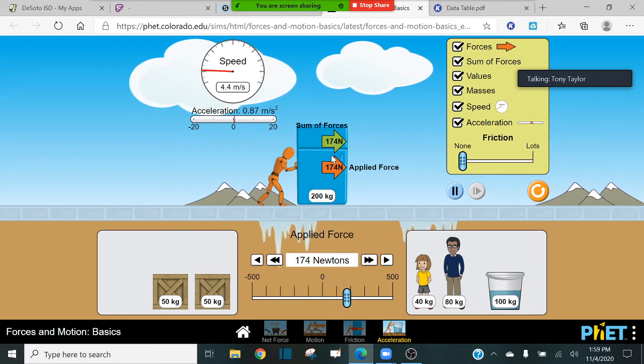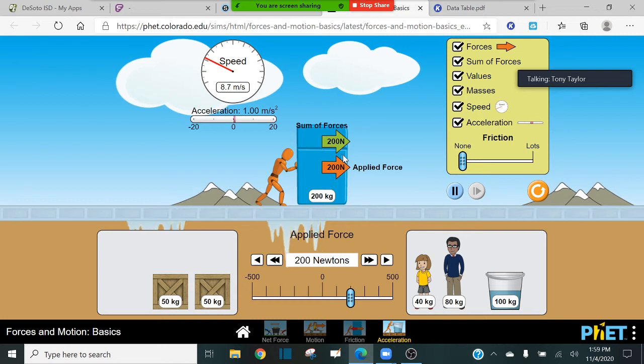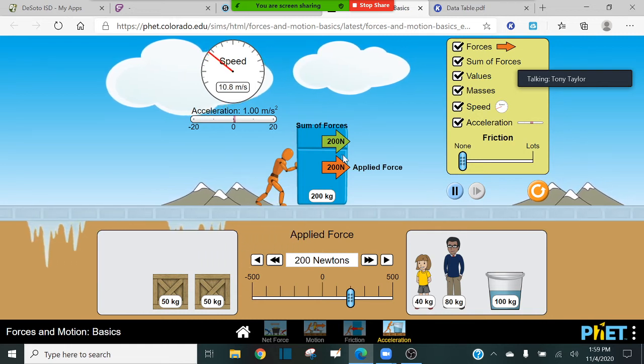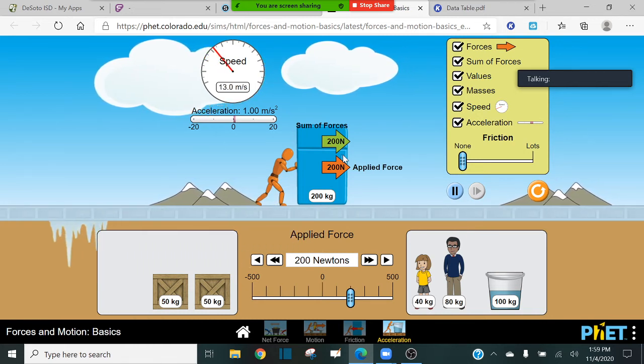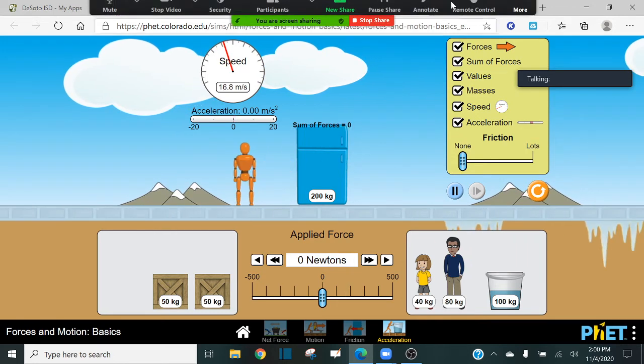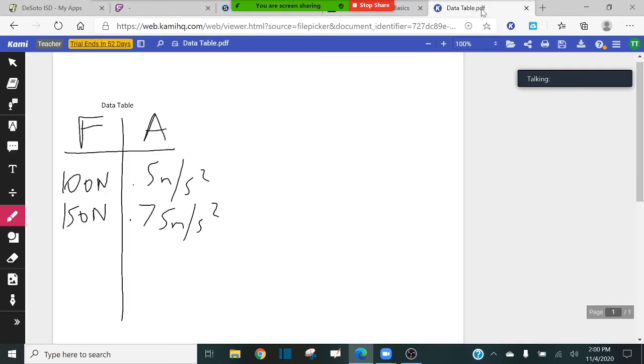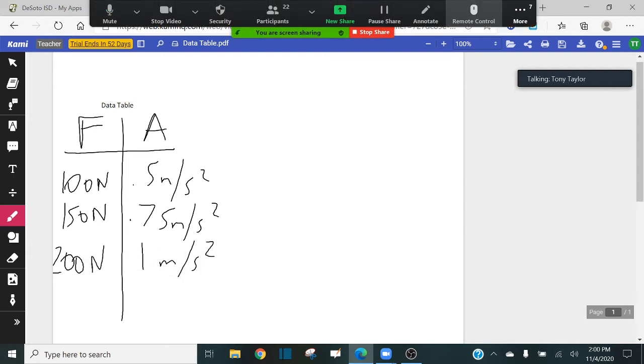Guys, if I apply 200 newton force, what is my acceleration here? Anyone? 1 meter per second squared. Yeah, so for 200 newton force, it would be 1 meter per second squared.